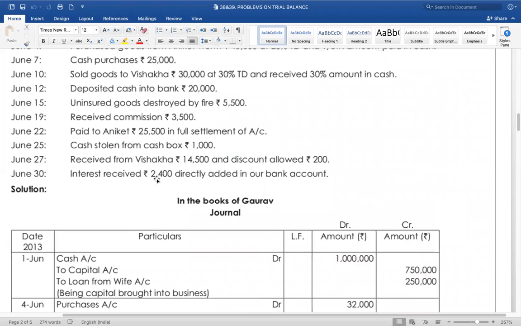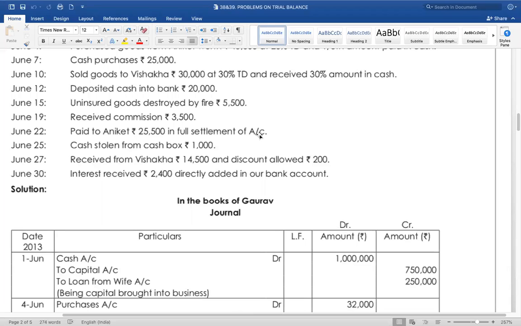Interest received 2,400 directly. Are we doing correctly? Paid to Aniket 25,500 in full settlement of account.